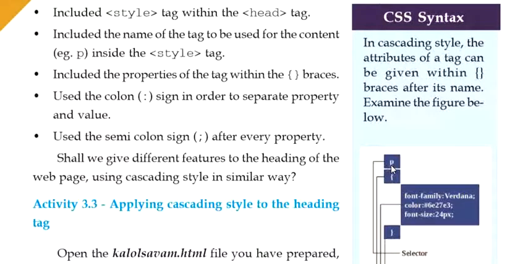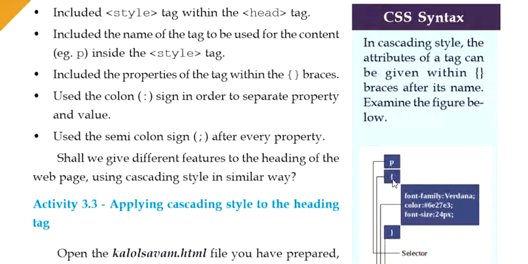First we have to provide the tag name. It is called the selector. To change the attributes of a paragraph, we included the p tag here. If you want to change the attributes of headings, then include the respective heading names such as h2 or h3. After the tag name, provide the opening curly bracket.